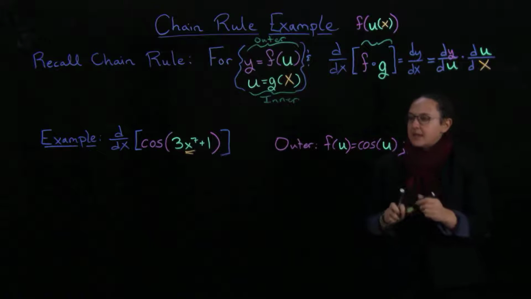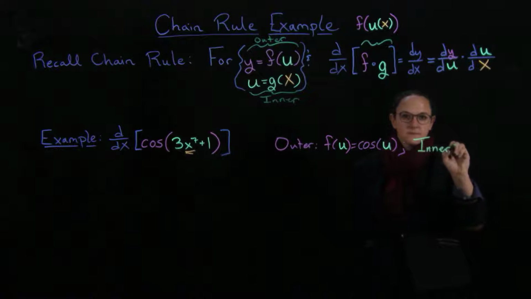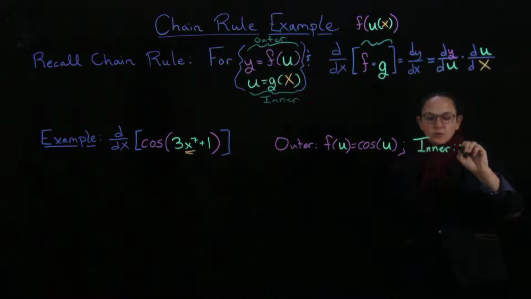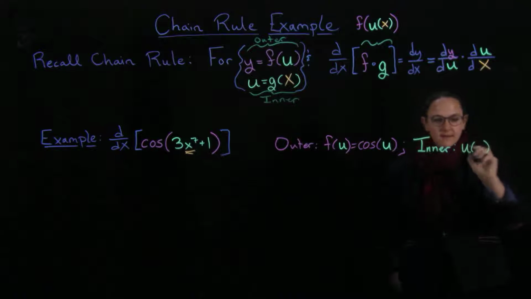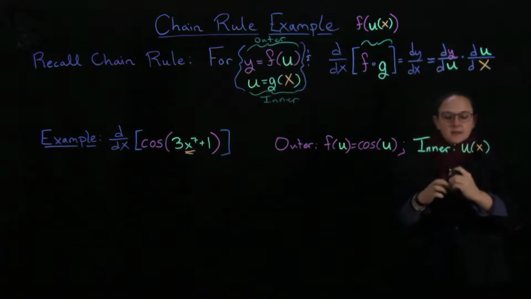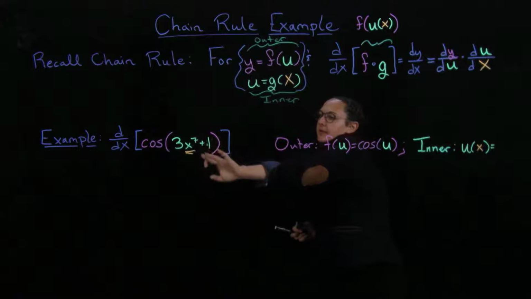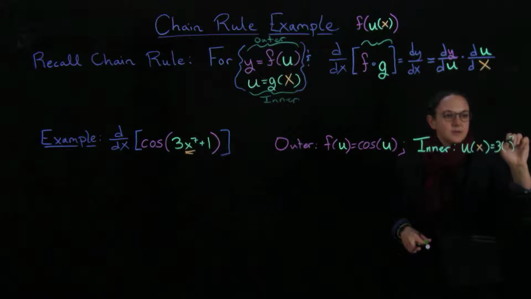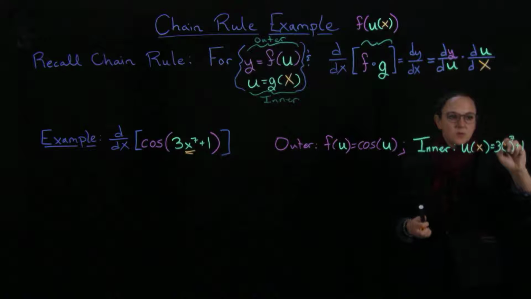My inner function, this is like my u or my g, so this is my u of x. Keep this variable straight. It's going to equal, and then I look over here, 3x to the 7th plus 1. So I have 3 times the variable to the 7th plus 1, and my variable is orange.